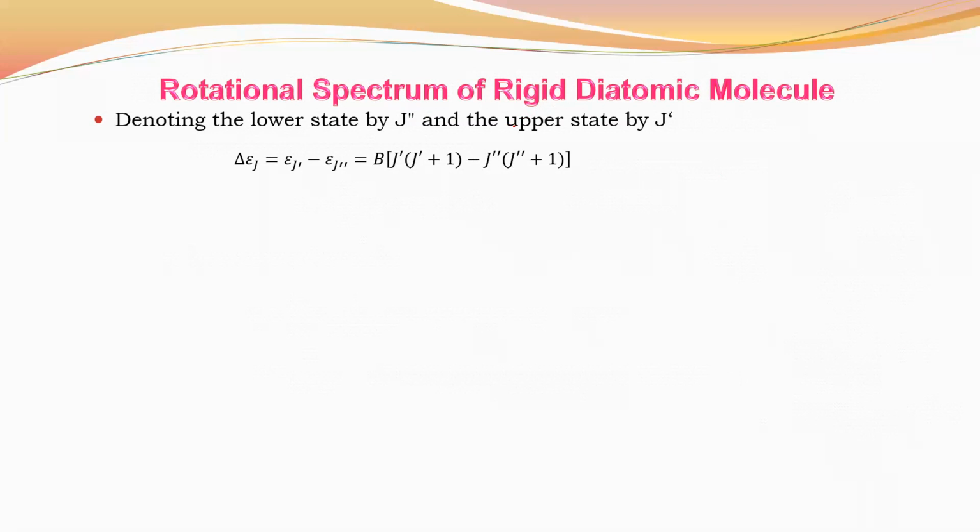Here the upper state is J dash and the lower state is J double dash.